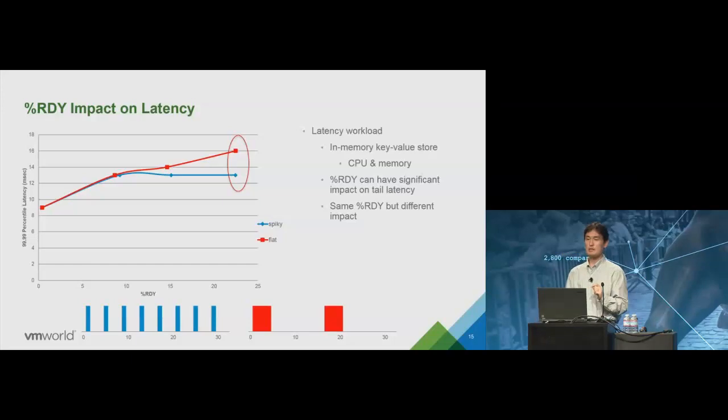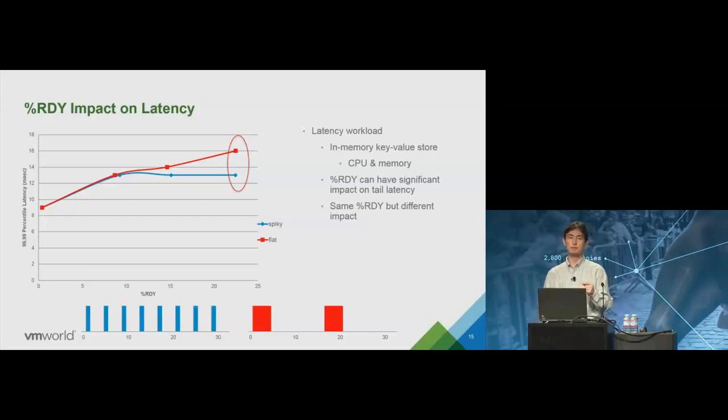And with spiky background workload, tail latency is about 13 milliseconds. But with flat workload, it's about 16 milliseconds. So there is a 3 millisecond difference. Ready time is the same, but it depends on how the background workload stays busy or interferes with this latency sensitive workload, and the impact can be pretty different.